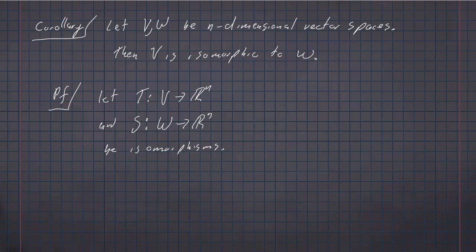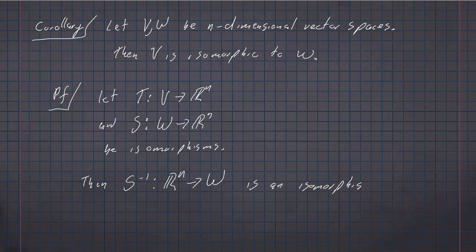From our main theorem, because V and W are both n-dimensional vector spaces, then there are isomorphisms from either of those to Rn. And because an isomorphism is one-to-one and onto, then they have inverses. So we can take S inverse, which is also an isomorphism.